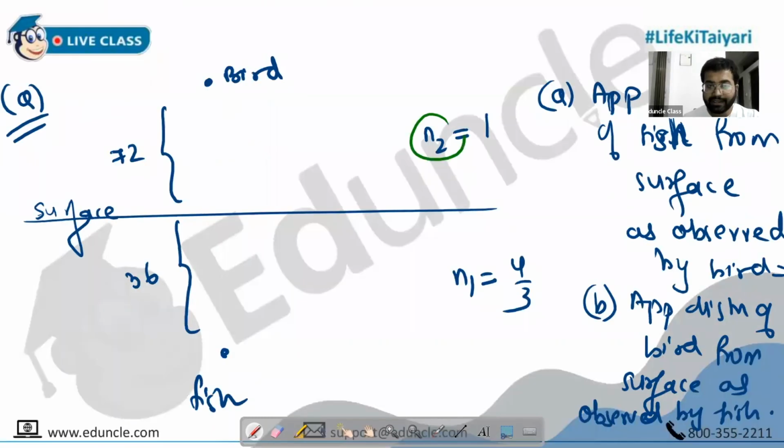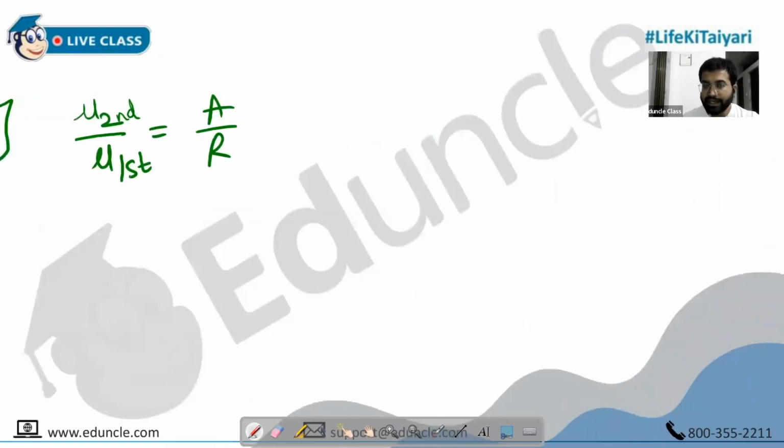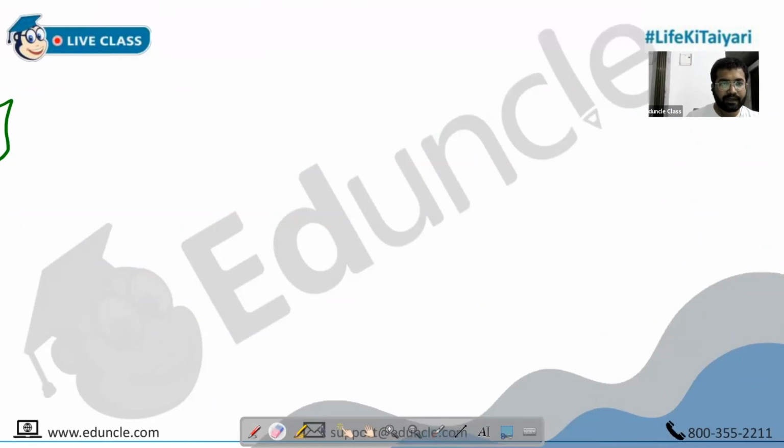So this N2 and N1 could be confusing, because they may write N2 here, but what if this is a source? They may write N1 here, but what if this is the observer? So just to avoid confusion, we will write refractive index of the observer upon refractive index of the source, that is apparent upon real.